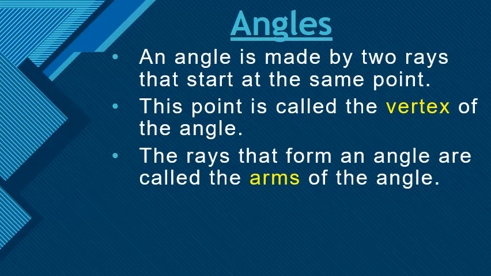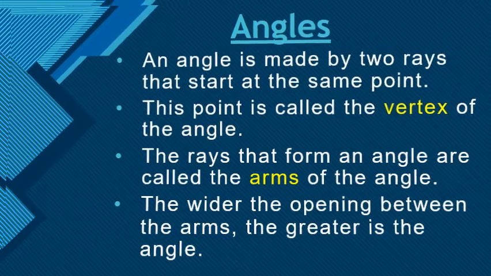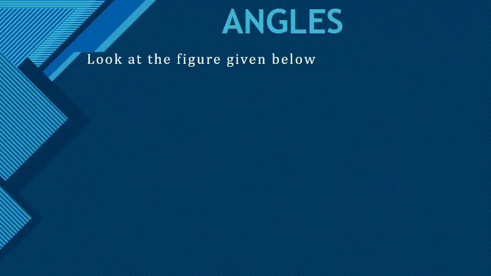The rays that form an angle are called the arms of the angle. The wider the opening between the arms, the greater is the angle. Now children, look at the figure given below.